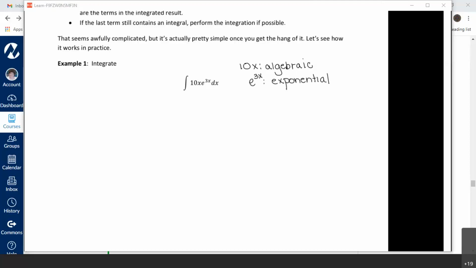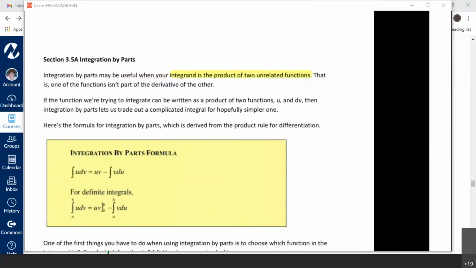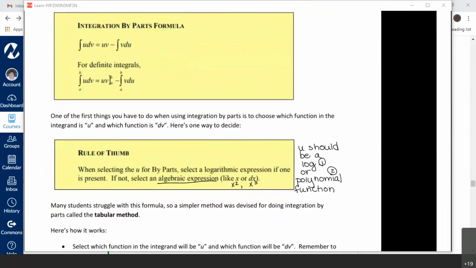Anybody questions on that part? Believe it or not, that's the crucial part. So please ask if you've got questions. Yeah? No? Okay. Now, according to our rule of thumb, on this previous page down here, it says, select a logarithmic expression if one is present.